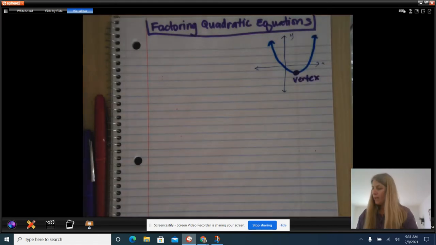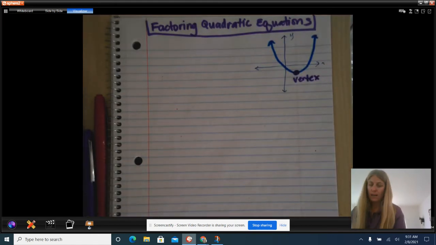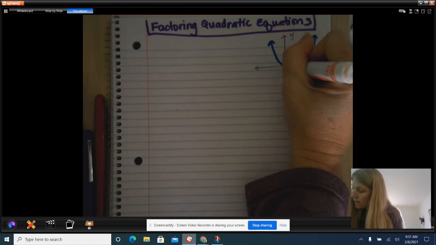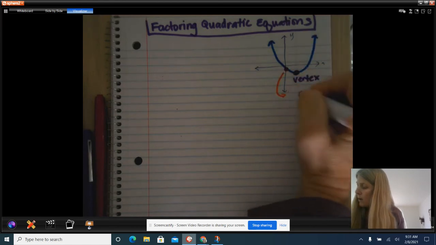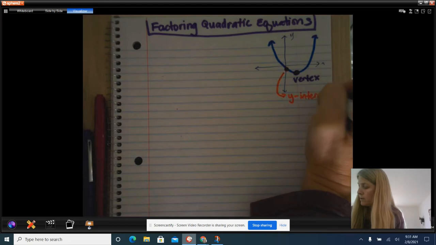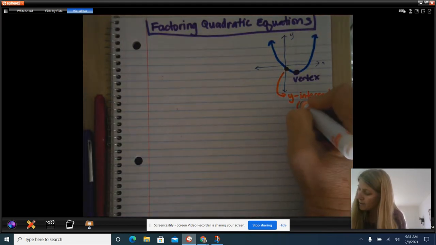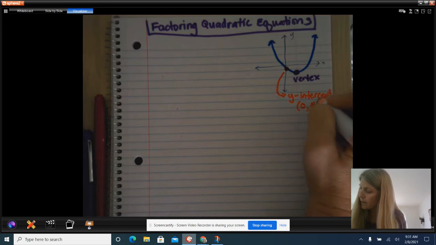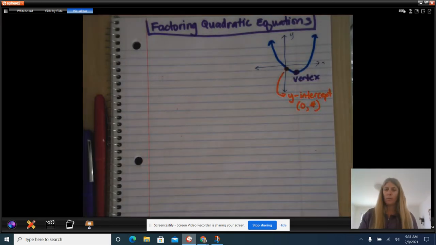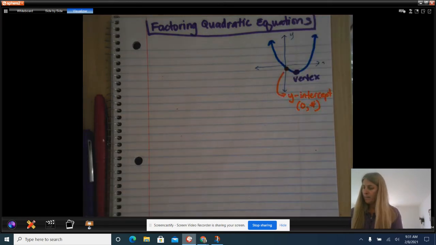Okay. What we have right here is our y-intercept. And our y-intercept, of course, has a 0 for your x and a number for your y. It's where your parabola crosses the y-axis.